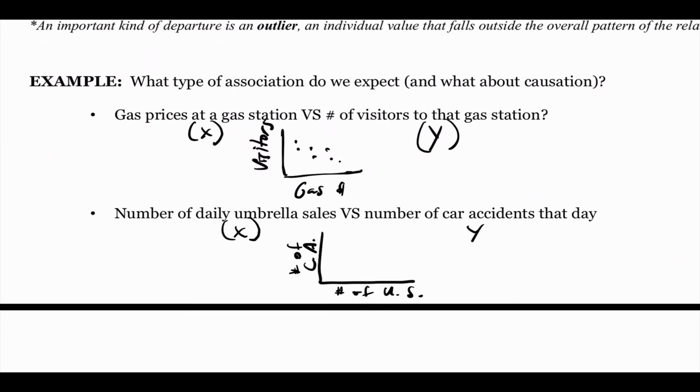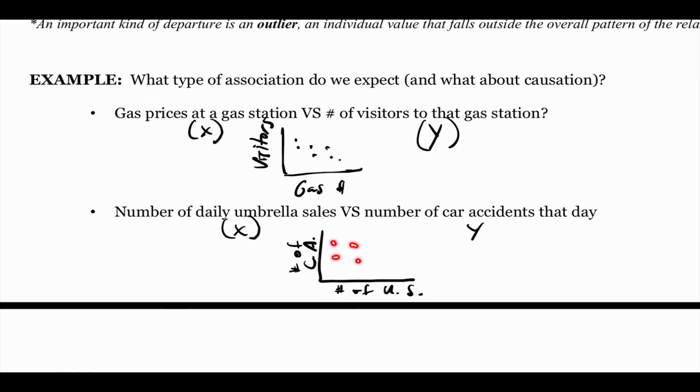They're positive. So as one's going up, the other is going up. So dots like this. As one goes up, the other goes down. So as more people buy umbrellas, there's less car accidents. Or there's no relationship. There is no relationship.